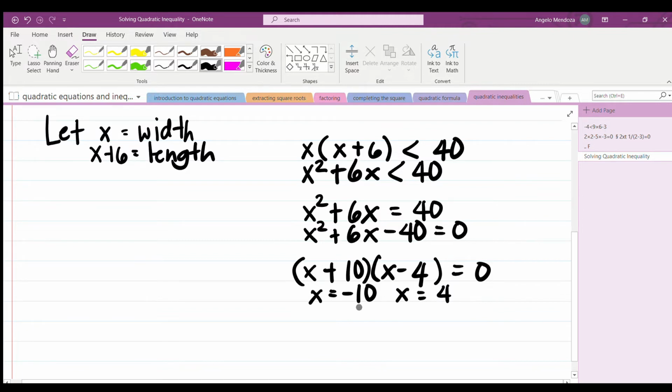These are the solutions or the roots. Of course, since one root is negative, we disregard the negative and just retain the positive answer.